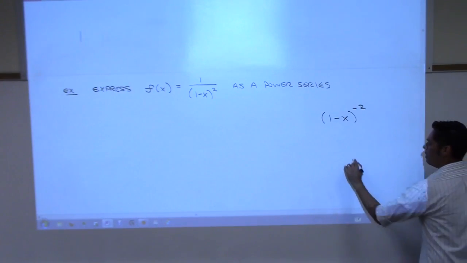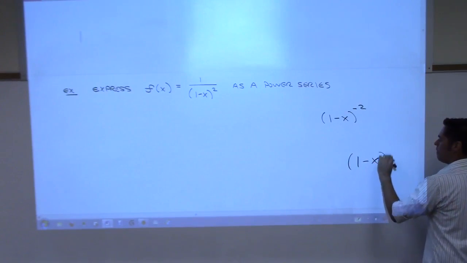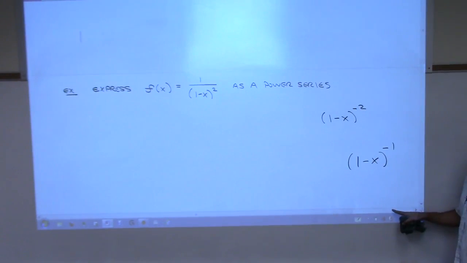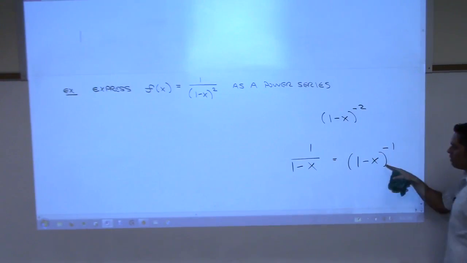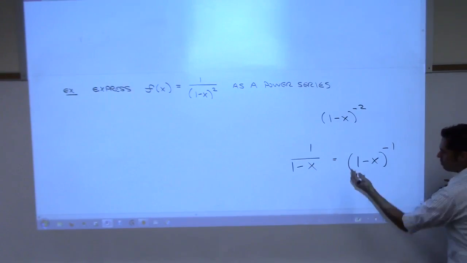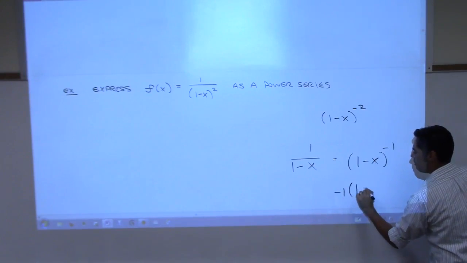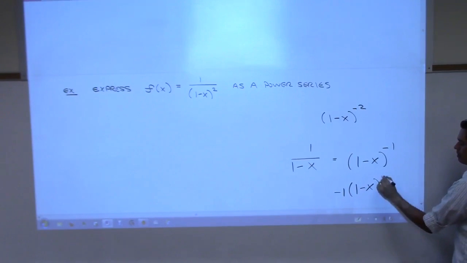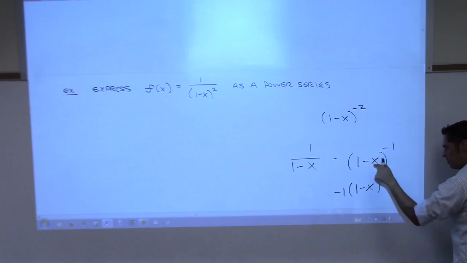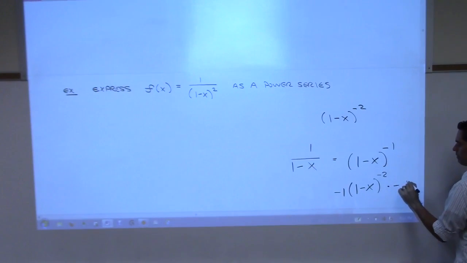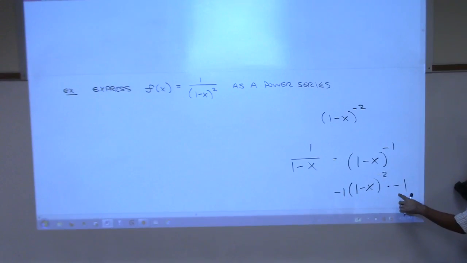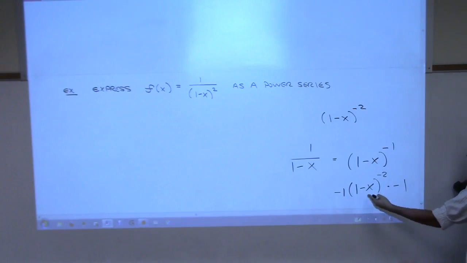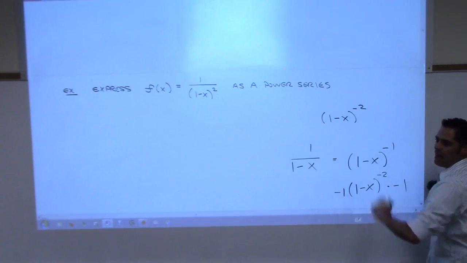Maybe I can help you. This is the same thing I just had up here, right? This is 1 over 1 minus x. What's the derivative of this? Negative 1 comes out. 1 minus x raised to the negative 2, but then chain rule. Derivative of what's inside? Negative 1, right? Because it's a negative x. The negative and the negative cancel, and what do you get? 1 minus x to the negative 2, which is this, which is that.